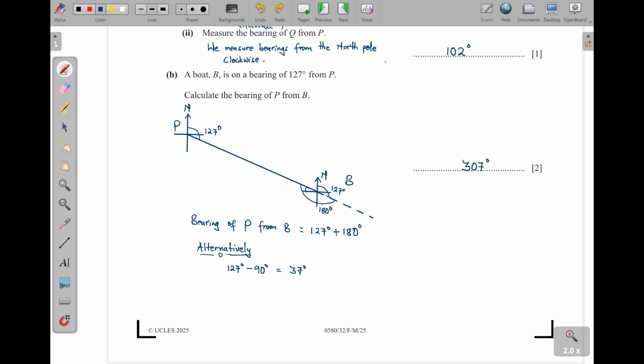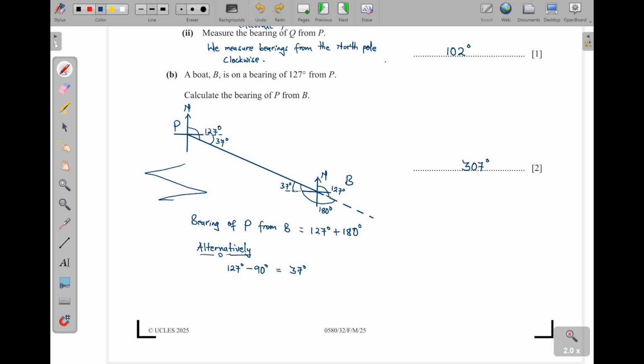So I'm going to continue this one here, and then I say this is 37 degrees, and then I also continue this one here, and I say this one is 37 degrees, alternate angles. So what is here is the same as what is here.